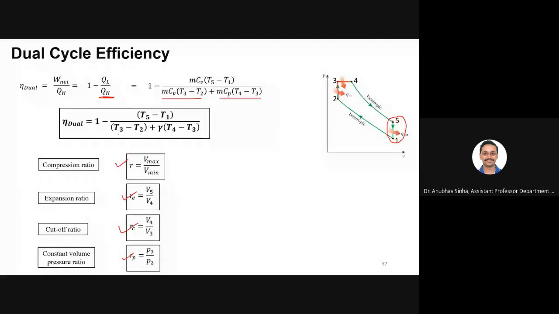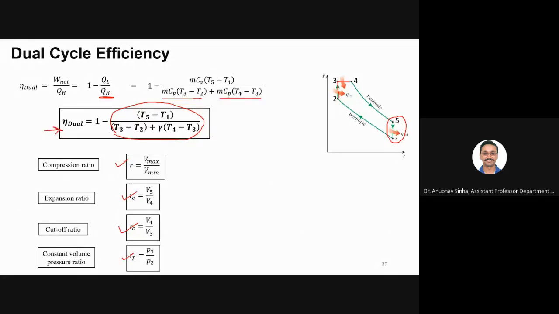For an actual engine, it is difficult to measure the temperature reached in each process, but you can easily define the volume ratios. So instead of defining the efficiency in terms of temperature, we try to define it in terms of known parameters. If you know temperatures, then you can use this formula and calculate. There is no problem with that.